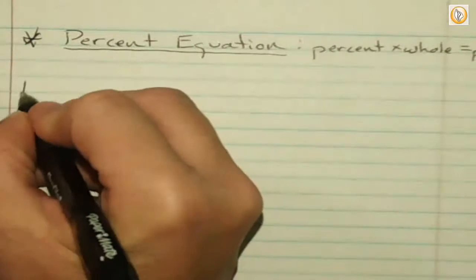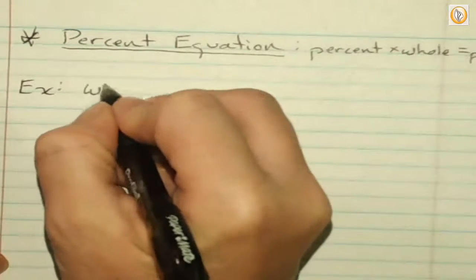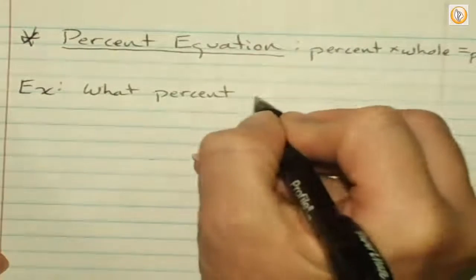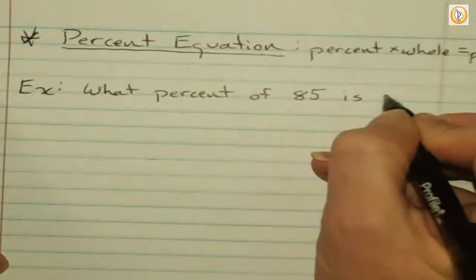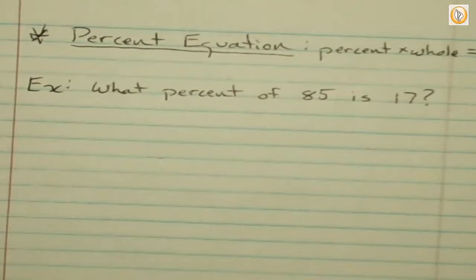For example, the question is, what percent of 85 is 17? What percent of 85 is 17? Make sure you write that down. Matthew, you have it down? Write it down, because I'm about to show you a trick.